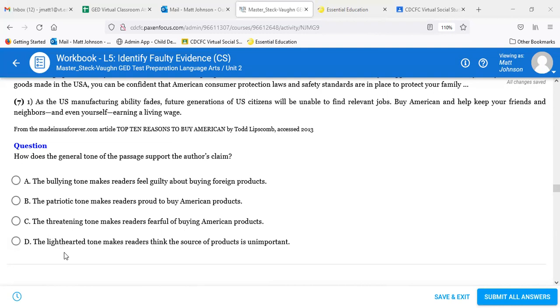B. The patriotic tone makes readers vow to buy American products. C. The threatening tone makes readers fearful to buy American products. D. The light-hearted tone makes readers think the show or product is unimportant.